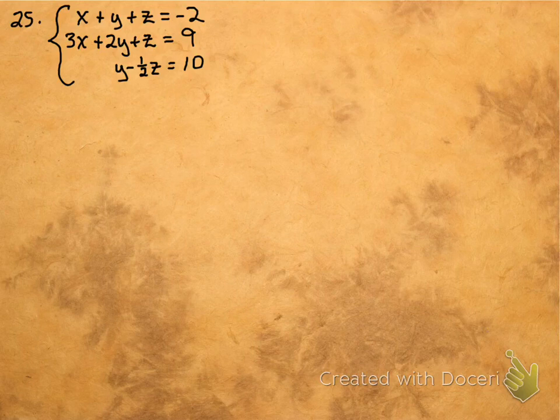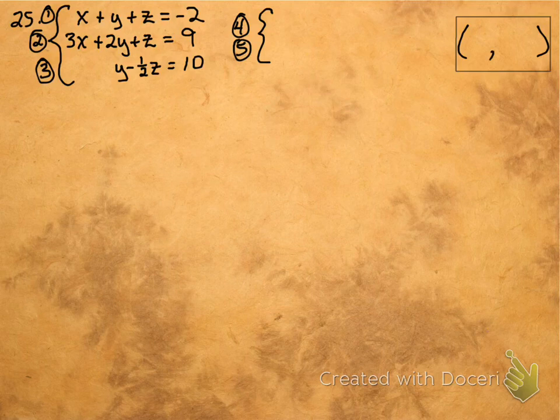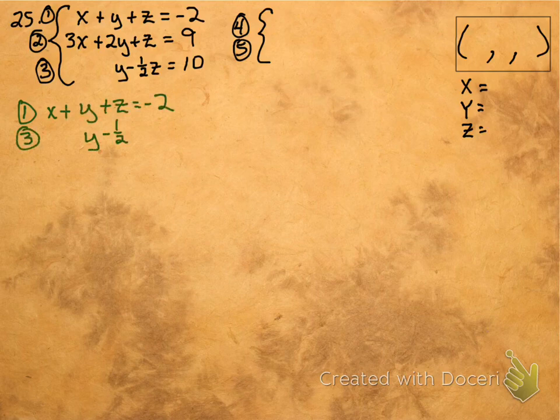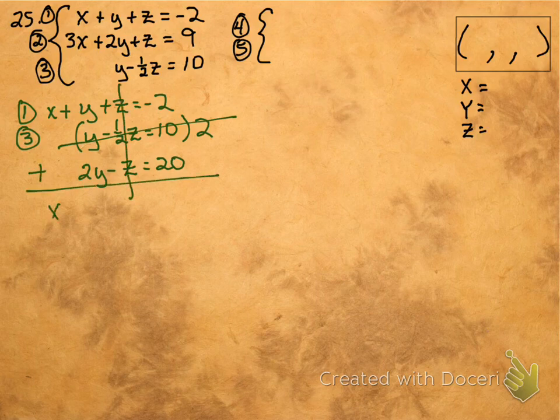Alright, so now we've got our equations, 1, 2, and 3. Set the rest of my problem up. Okay, I'm going to work with problem 1 and problem 3. I'm going to multiply my third problem by 2.